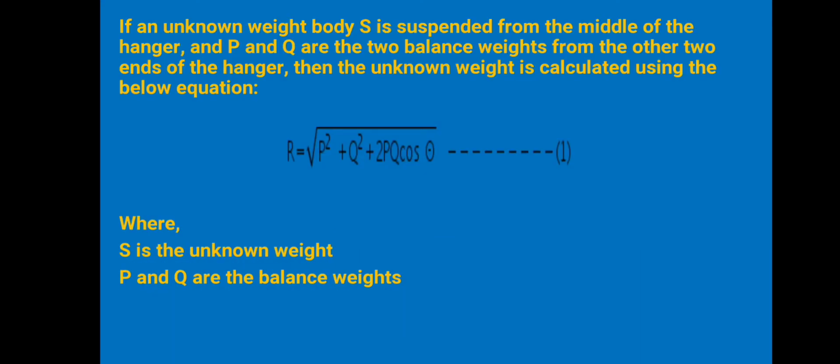Here in this formula, S is the unknown weight, P and Q are the balance weights which are known, which will be given beforehand. Again, for convenience, we can take P and Q same. If we have P and Q same, the resultant or the figure will come to be a rhombus or a square.